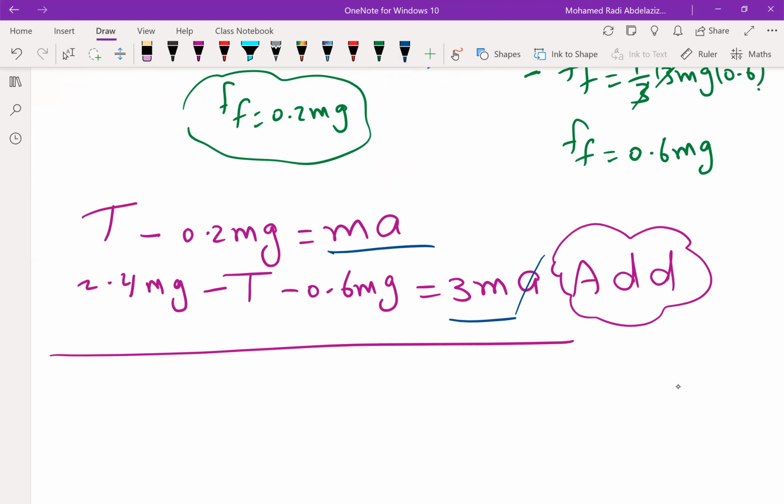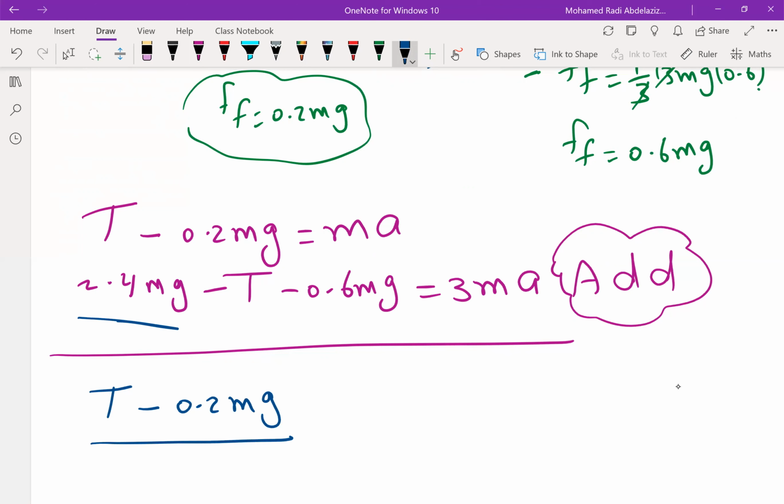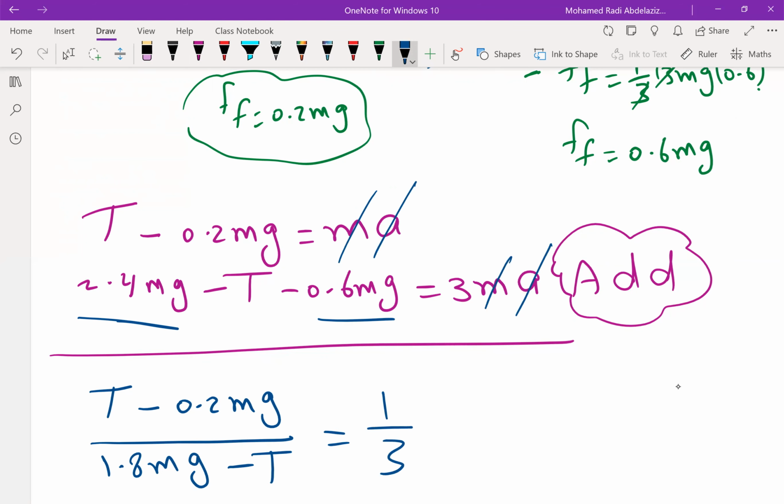Because he asked to get T directly, you can use division. I will write it like this: T minus 0.2 mg divided by 2.4 m minus 0.6 m, 2.4 minus 0.6, so the answer is 1.8 mg minus tension is equal to, when you divide, remove a with a, m with m, so it will be 1/3.